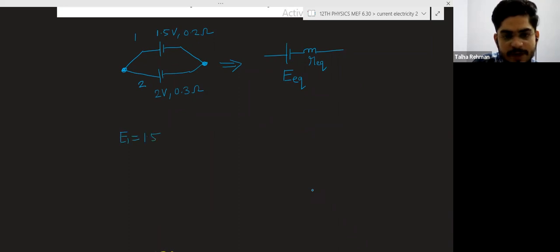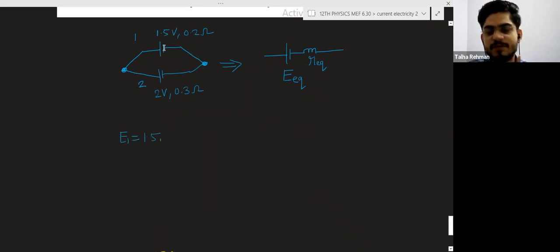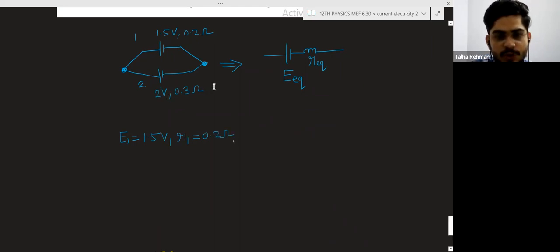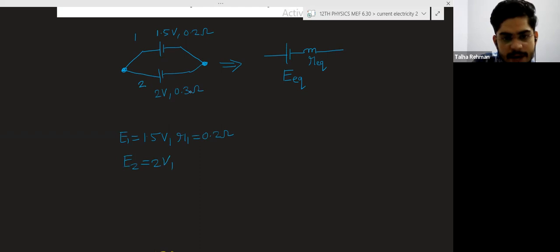E1 is 1.5. See here, this is the EMF of the first cell, that is E1, 1.5 volt. And R1 you will take 0.2 ohm. And similarly, E2 and R2. E2 is 2 volt and R2 is 0.3 ohm.